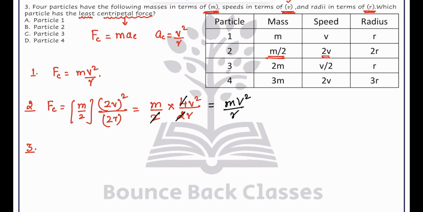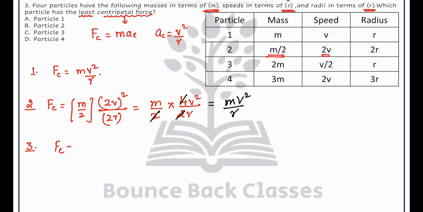Okay, now case number 3. Fc is equal to 2m, what is the velocity? v divided by 2, squared, and 1 upon r. Solve them. 2m v square over 4 multiplied by 1 over r.